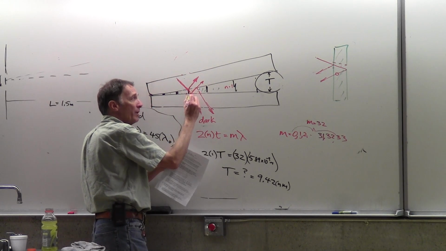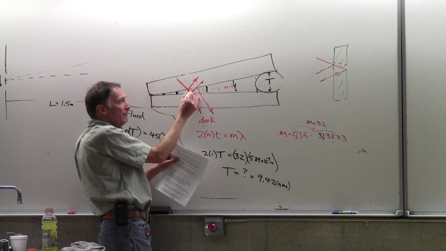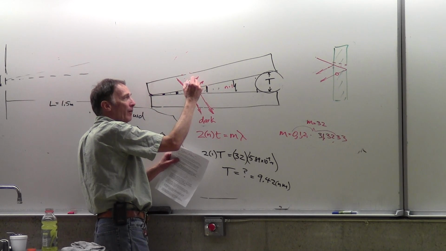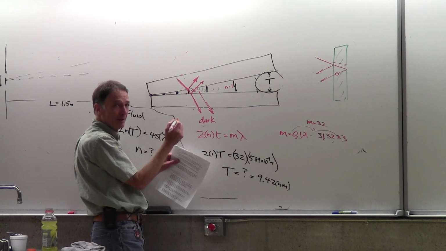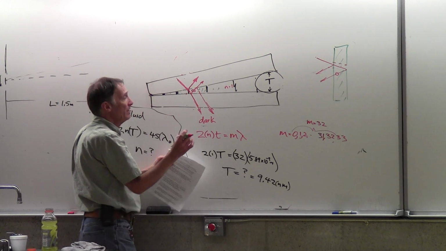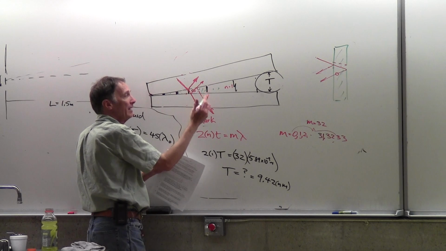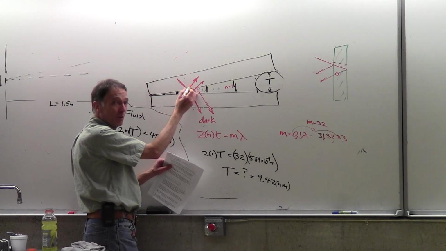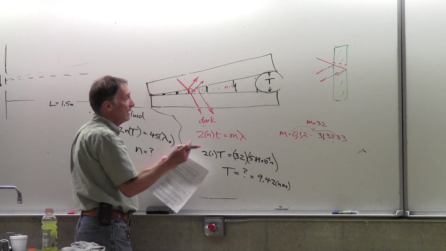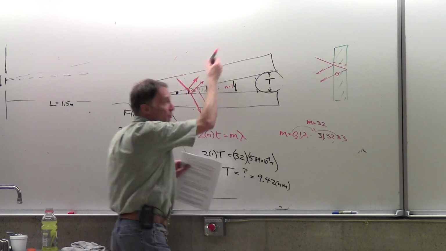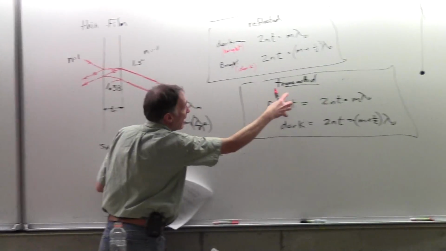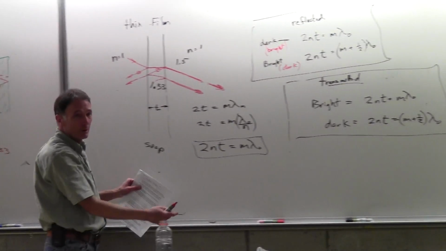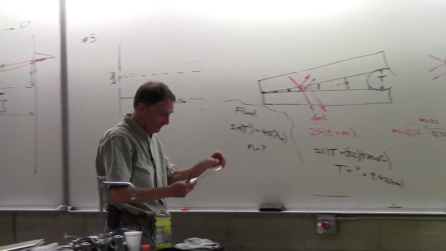It's transmitted always in phase. There would be one phase shift on this second one coming out. And so now these two have one phase shift between them. The only thing that changes if we stick a fluid in there of a higher index is that this one would not have a phase change, and then this one would. But there is a distinct difference between the transmitted light and the reflected light. These reverse order as far as what happens with them.